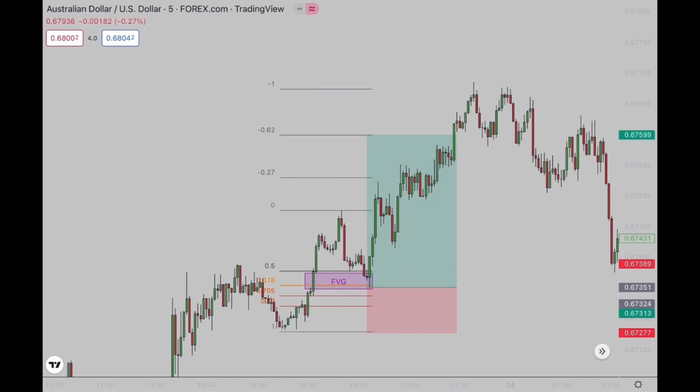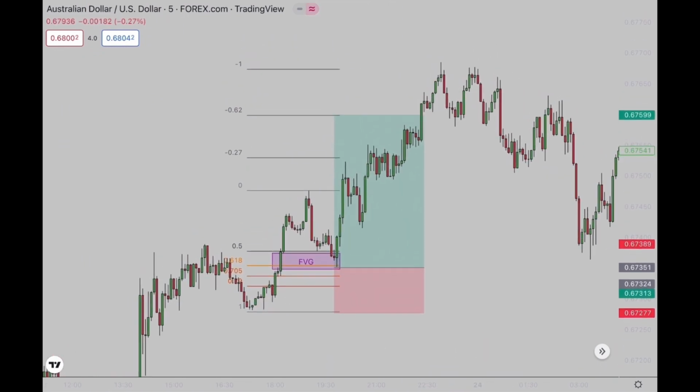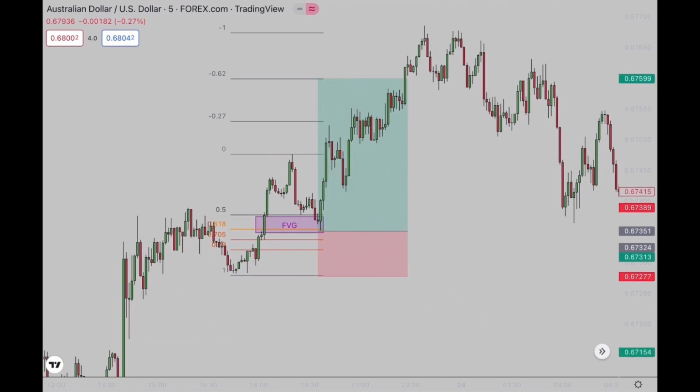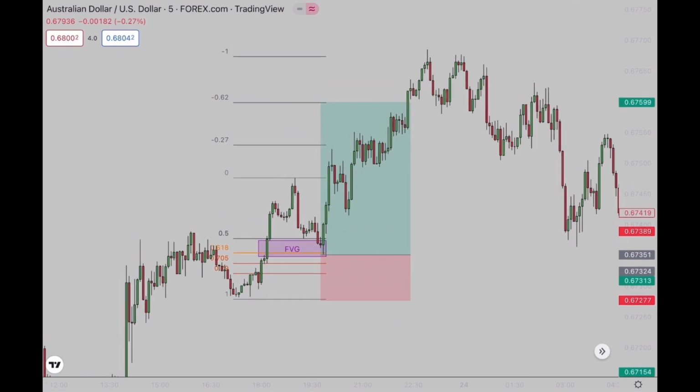You see where the 0.618 level is, and if price comes back down to there, that's your entry.